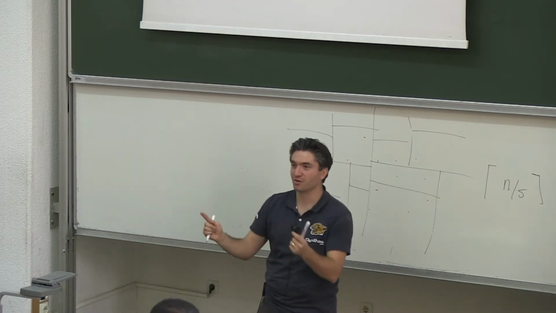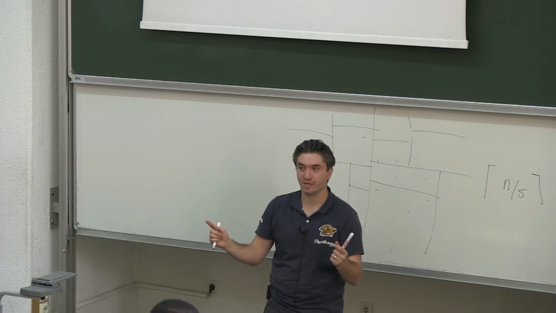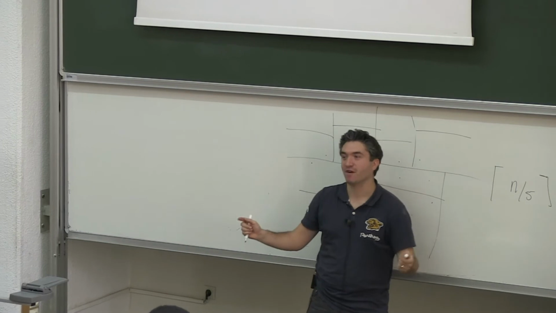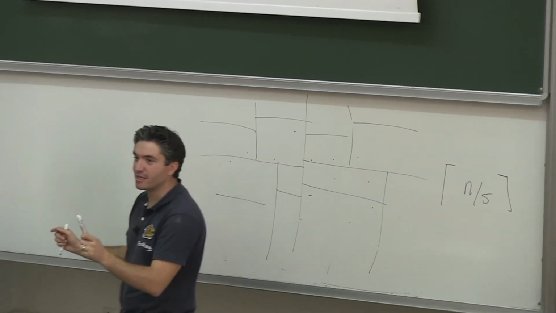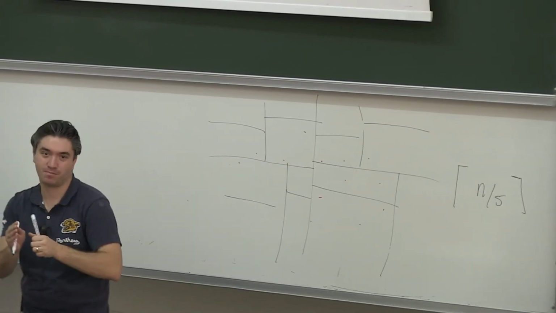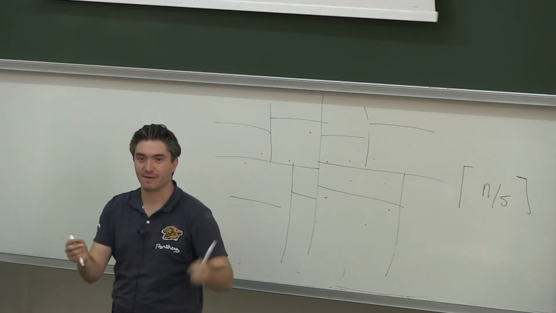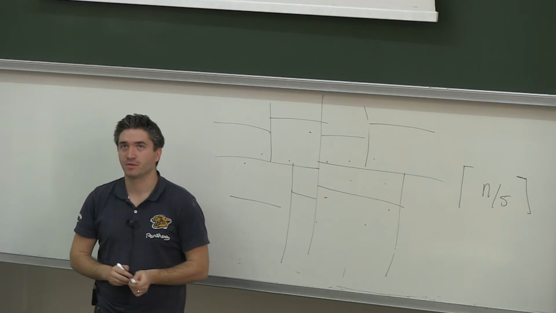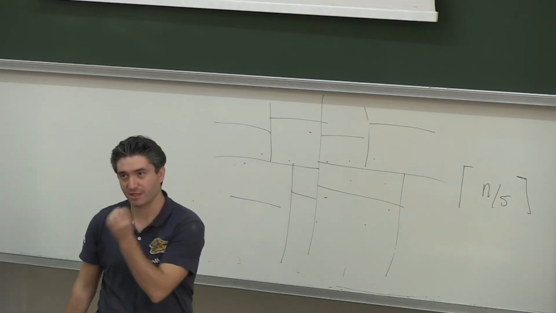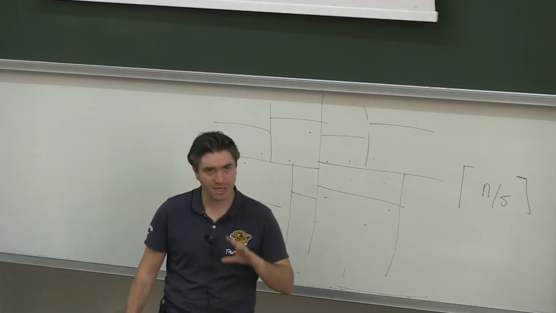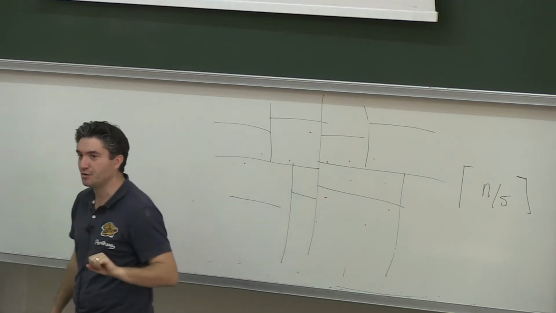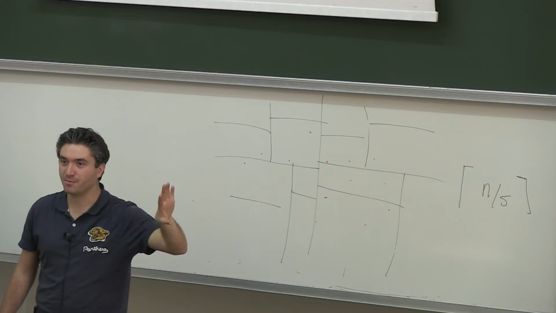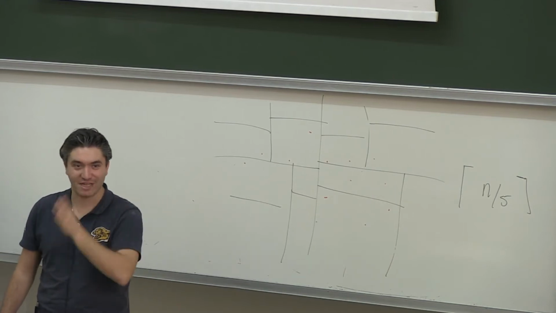You have found the medians of these groups of 5, and then you find the median of these n over 5 elements, and you use this to partition and filter out the rest, based on what this median is. This guarantees you at each time to get rid of at least 30% of your data sets. You cannot do half.